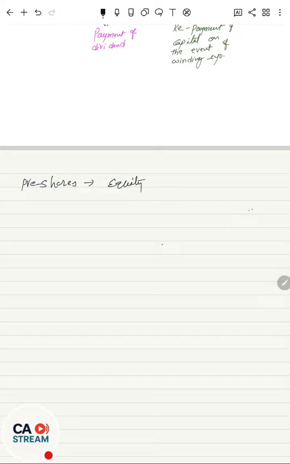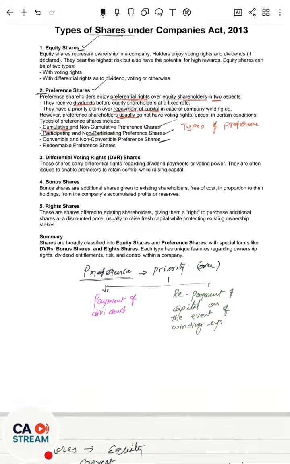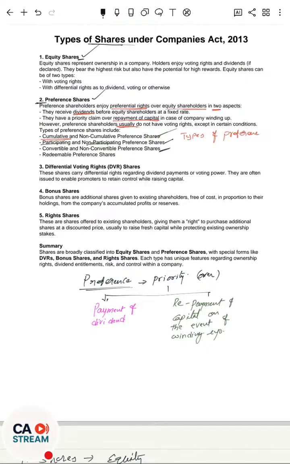If such a chance is given to convert, those shares will be treated as convertible, or else they will be treated as non-convertible. Nothing is special here. Convertible means when the preference shares are able to convert into equity shares. When it is not possible to convert them like that, it is non-convertible.